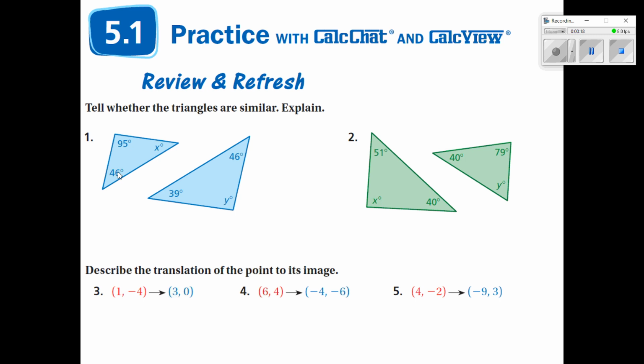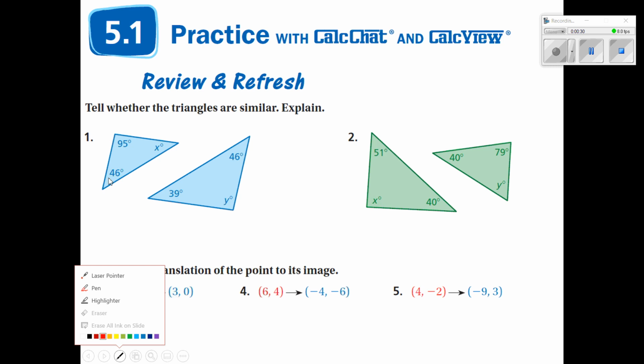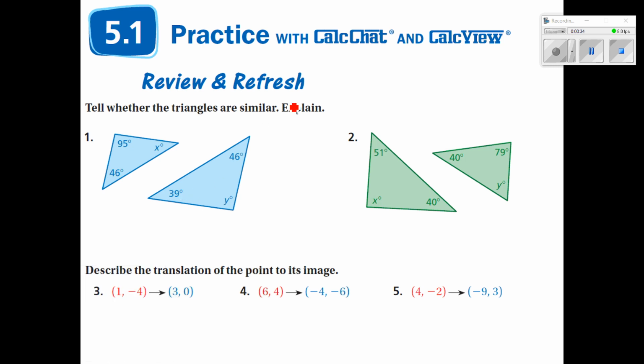I could take 46 and 95, add them together, subtract from 180, and see if I get 39. The other way to do this is to add all three angles, 95, 46, and 39, and if they come up to 180, that also gives you similar angles.